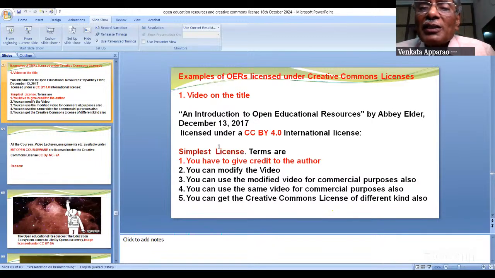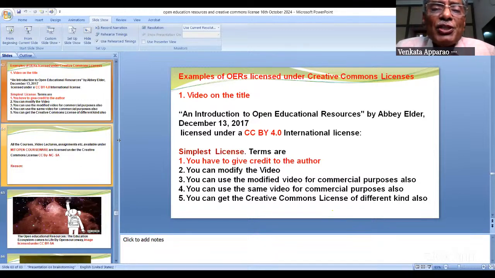Examples of OERs licensed under Creative Commons license. One example is a video. There is a video titled An Introduction to Open Educational Resources, by the author Abe. This video was published on December 13th, 2017, by Mr. Abe.